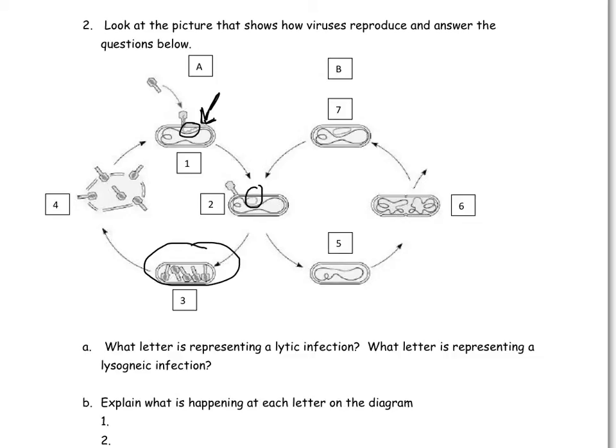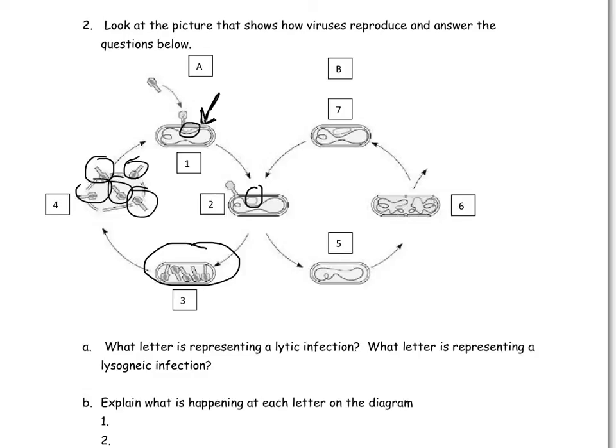The host cell is making more viruses instead of doing what it's supposed to normally be doing, which is functioning and making proteins and whatever else it has to do. Now, we'll get to the point where there are so many viruses made that step 4 will happen. And in step 4, what's happening is all of the viruses that were made are now lysing or breaking out of the host cell.